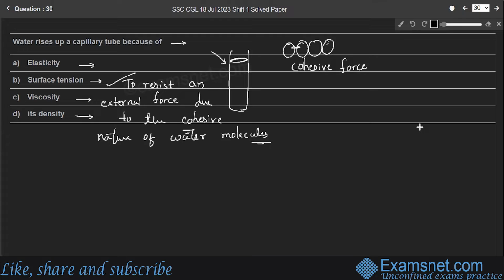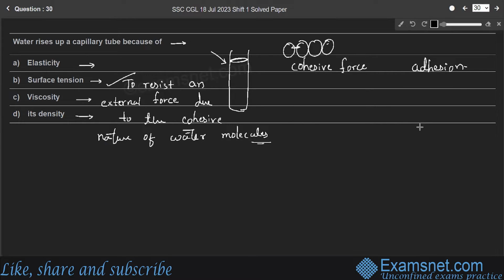So for the given question, water rises up a capillary tube because of, here when we ask for cohesion and adhesion, the capillary action occurs when the adhesion to the walls is stronger than the cohesive forces between the liquid molecules. One more term comes, which is adhesion.